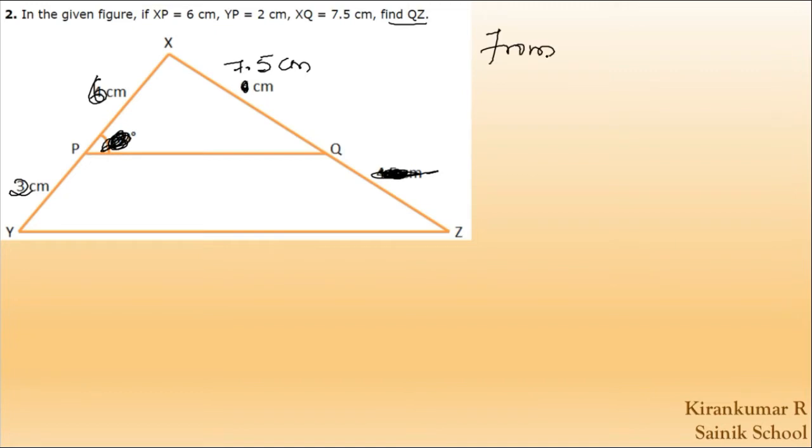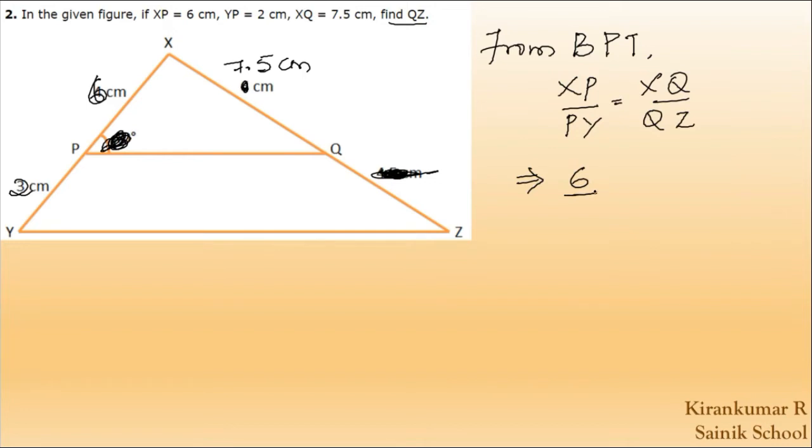From basic proportionality theorem, we have XP by PY equal to XQ by QZ. This implies XP is 6 cm divided by PY is 2 cm, which is equal to XQ 7.5 divided by QZ.